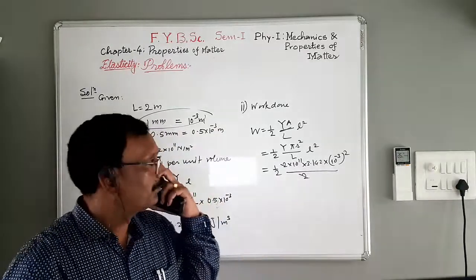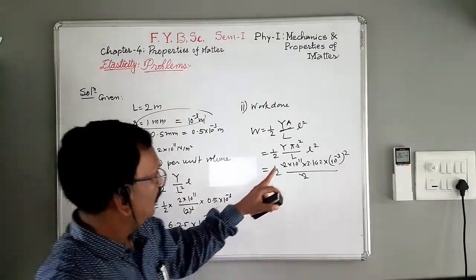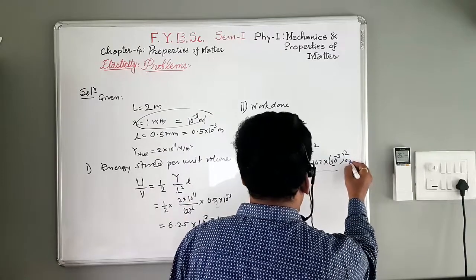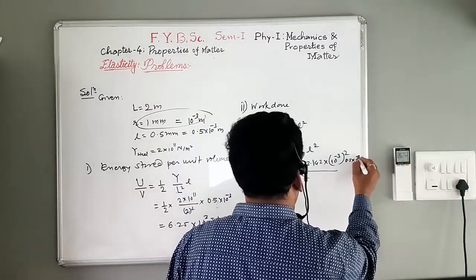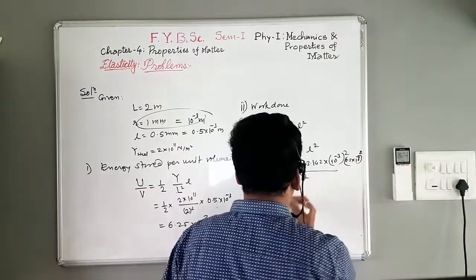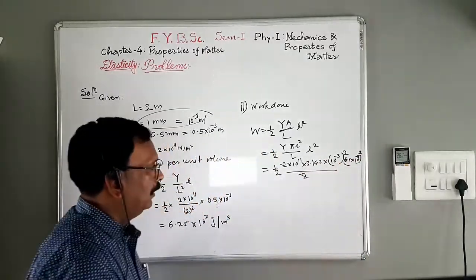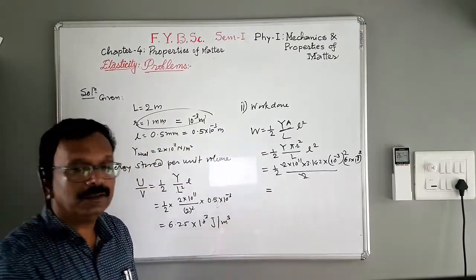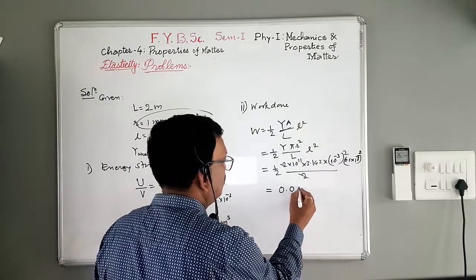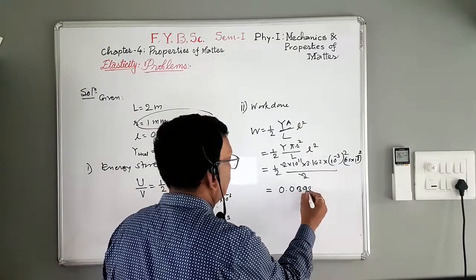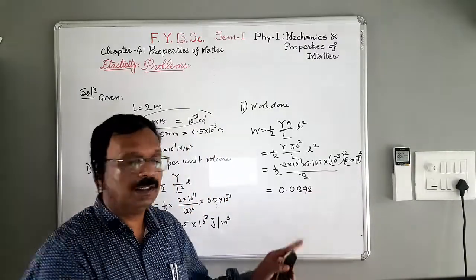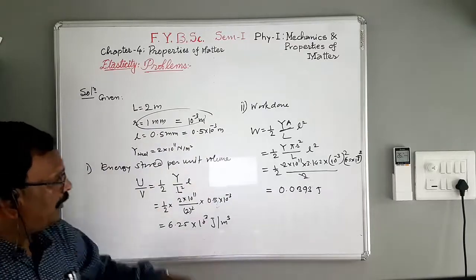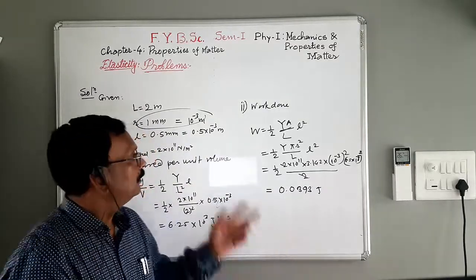When you solve this problem, sorry, one more quantity is there, length square, that is 0.5 into 10 raised to minus 3 square. So solve this, this is the value of l, and we will get the answer very simply. Only use a calculator, we will get 0.0393. The unit of work done is joule. In this way we obtained the energy stored per unit volume and the work done of the wire.